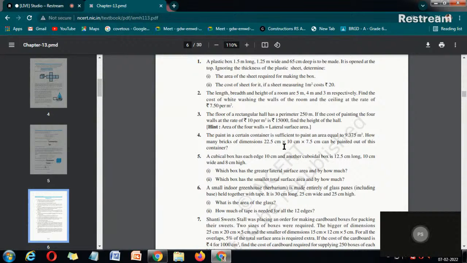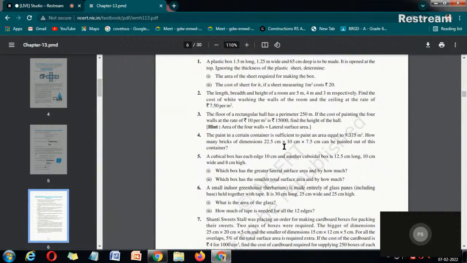0.65 meter. Now, what are they saying? It is open at the top. Ignoring the thickness of the plastic sheet, determine the area of sheet required to make the box. Here, are we talking about anything called the top, or the total surface area? No, the lateral surface area. We are saying it is open at the top, so we are excluding the top, right?